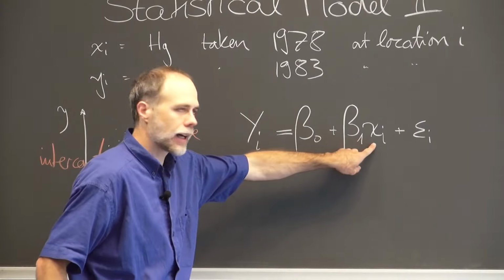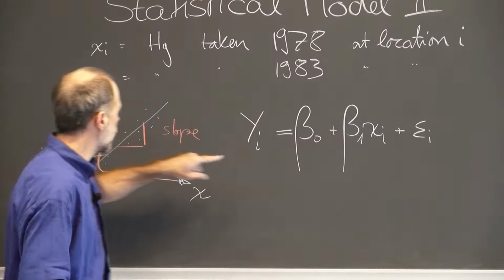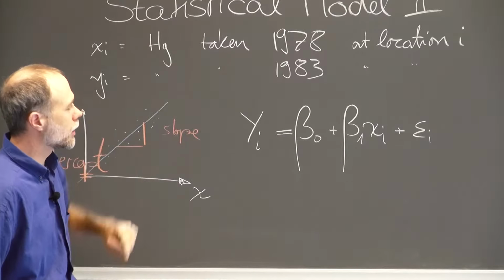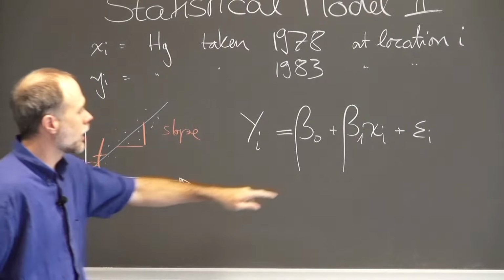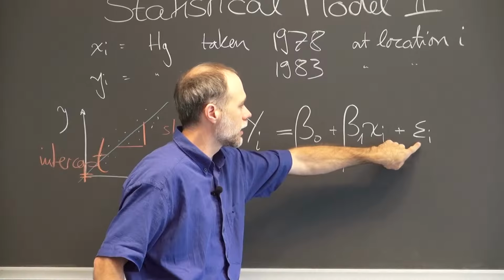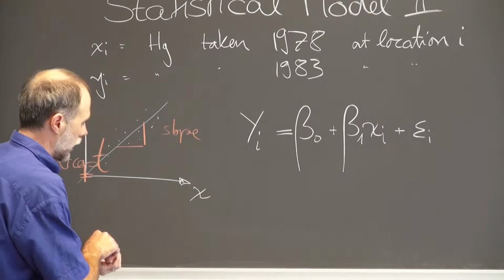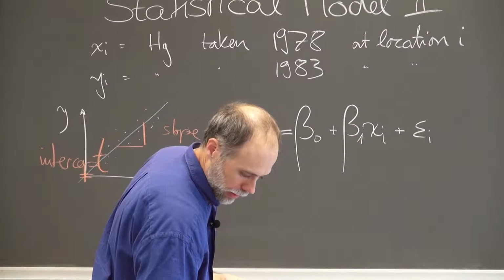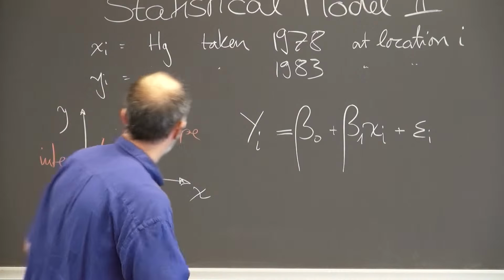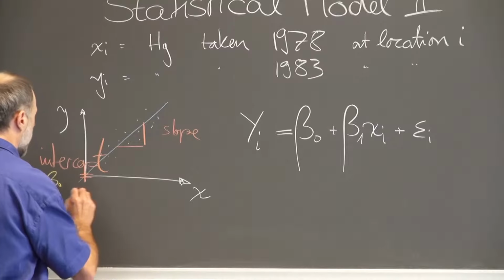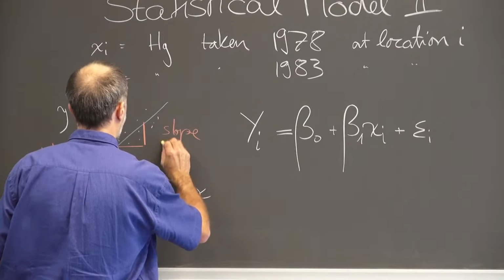Notice here Xi, lowercase, that's fixed. I don't consider that as random. The random part comes in through epsilon i. And here, intercept beta naught, slope beta 1.